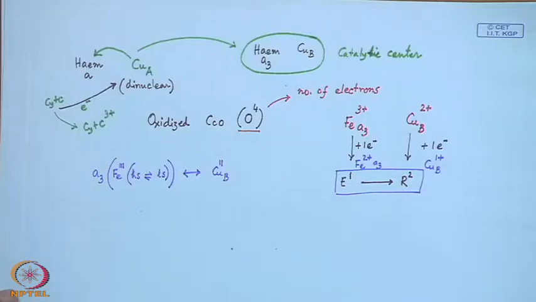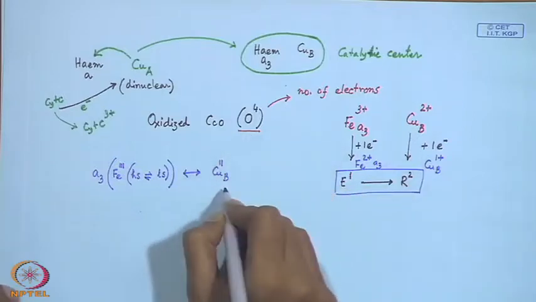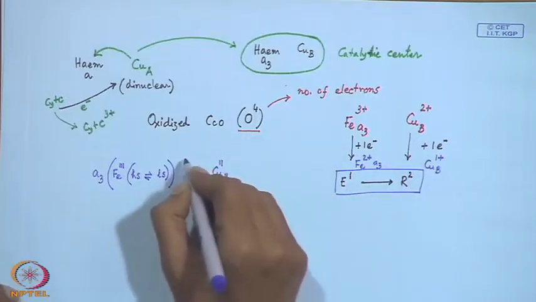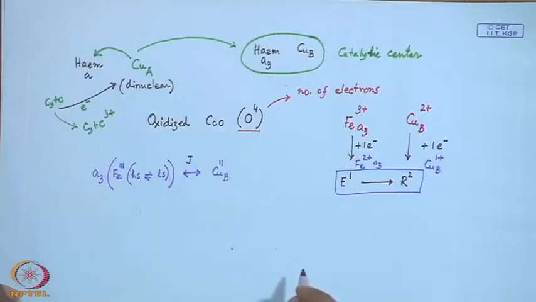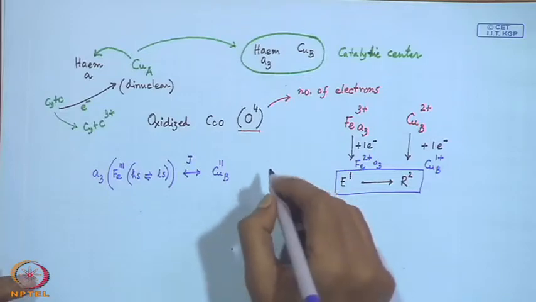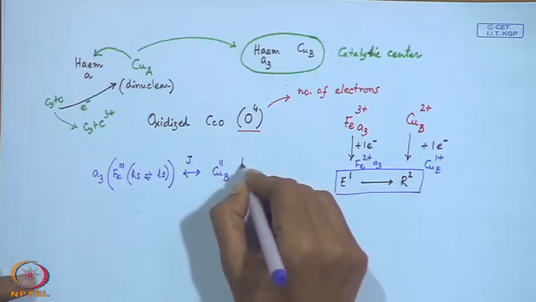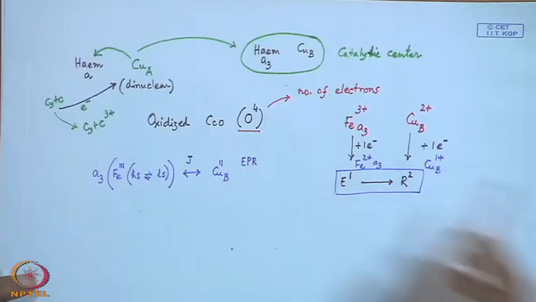But like your iron sulfur clusters, what we have seen is that sometimes you can have two sites and individually both of them are paramagnetic, but if they are strongly coupled to each other, depending upon your coupling, we consider their corresponding J values, how strongly they are coupled, and we try to record the corresponding EPR spectra.